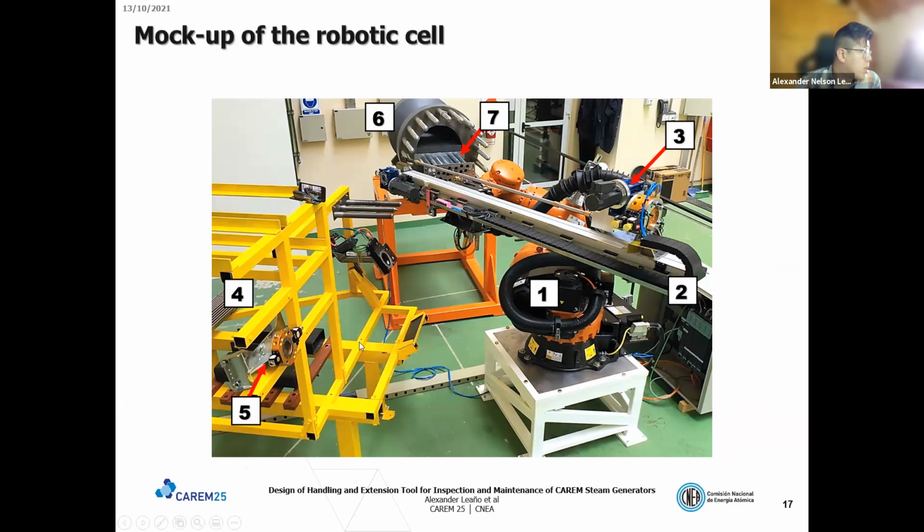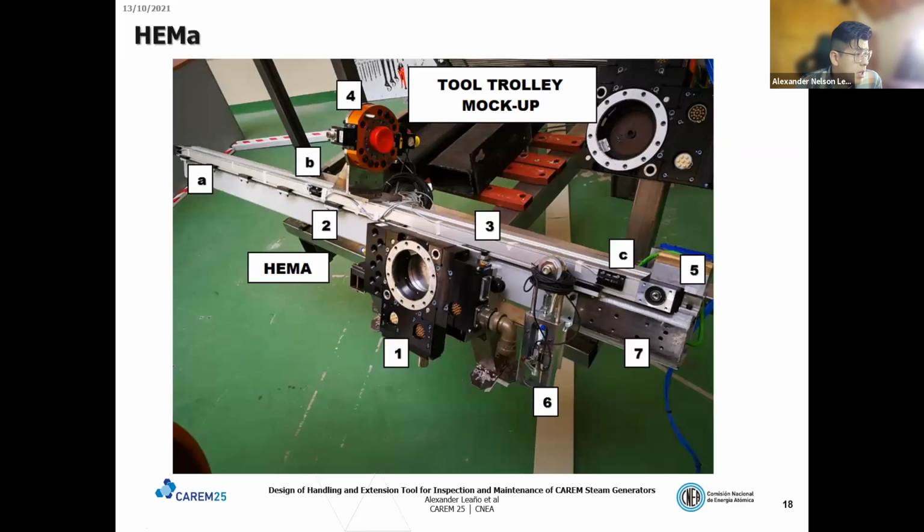Here we can see a tool trolley mockup, which is a rack for the tools. The extensor tube is put in a plenum mockup, and the unit control is here behind. We can see here the EMA manufactured with the parts we talked about before.